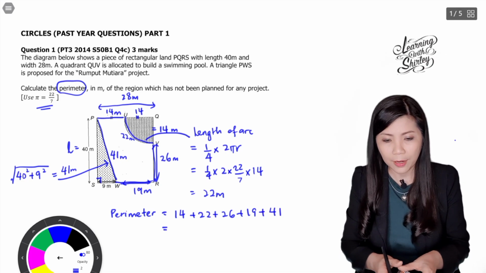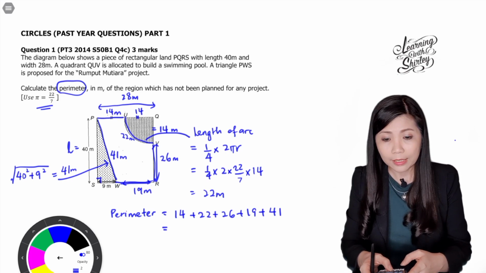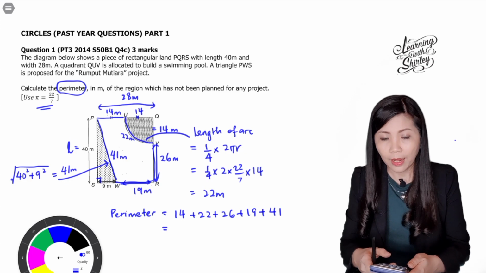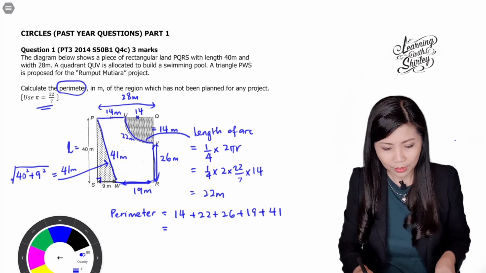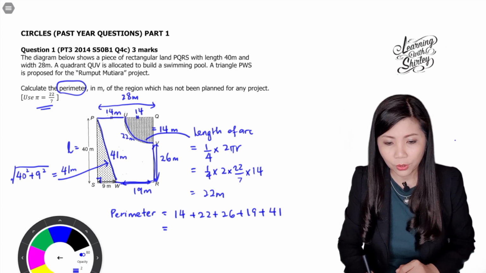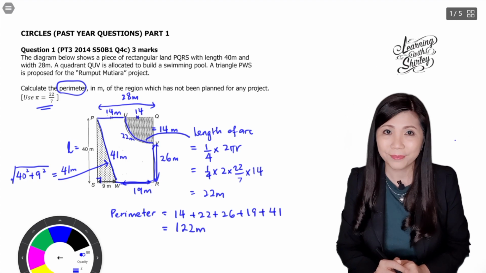Let's calculate this. 14 plus 22 plus 26 plus 19 plus 41, so we get 122. So it's 122 and the unit is meters. So that's the answer.